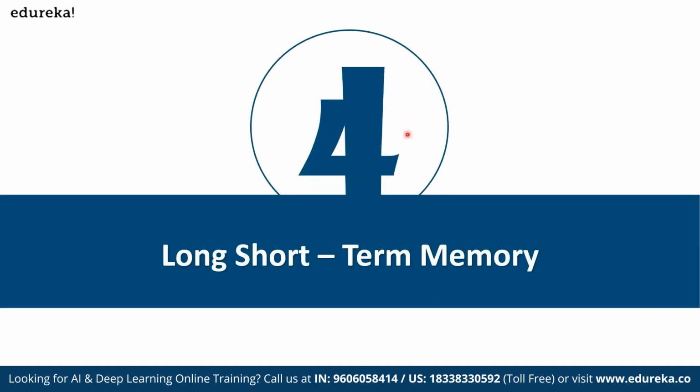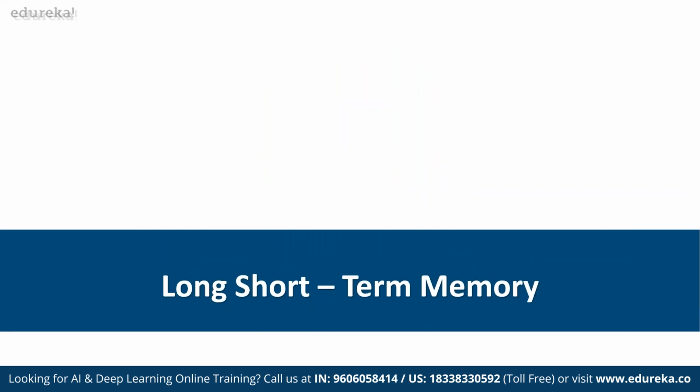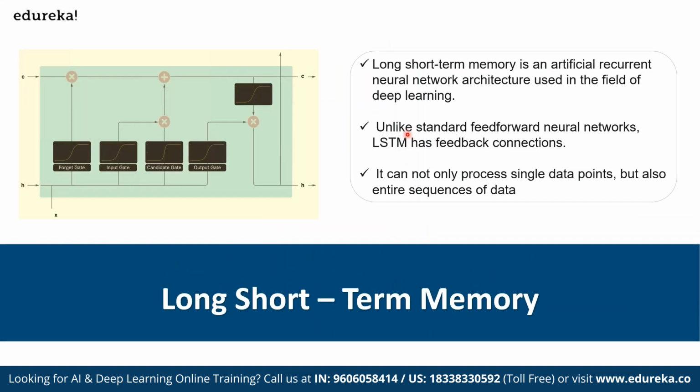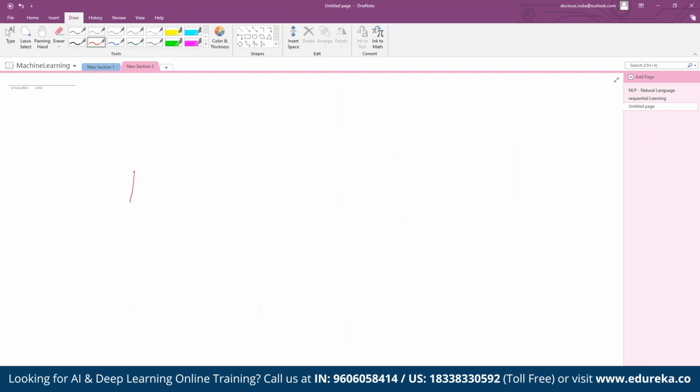Now comes the role of long short-term memory. Let's try to understand this. Suppose we have a machine learning model, a neural network model. You pass "I" into it, and this "I" feature will try to predict "am".